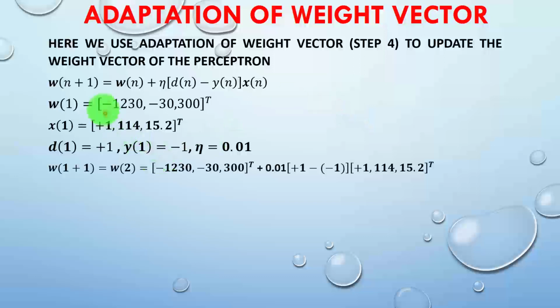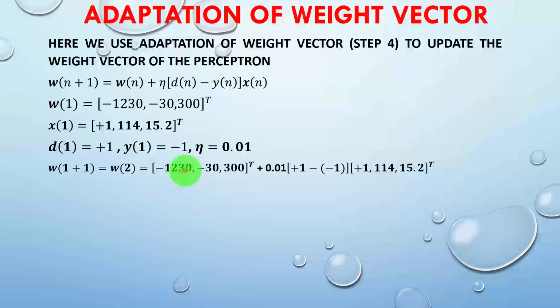So this is our second iteration. So W1 plus 1. So it's W2. Okay. Please note there is a difference between W2 as an iteration and W sub 2. Sub 2 means the second weight. Okay. But here it's the second iteration.